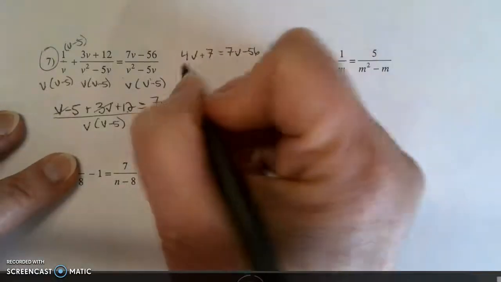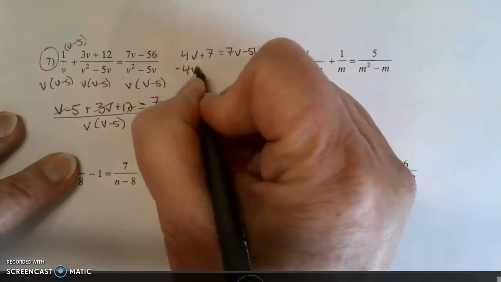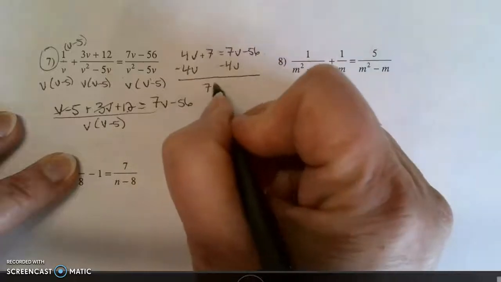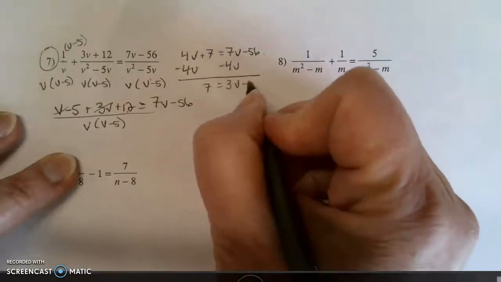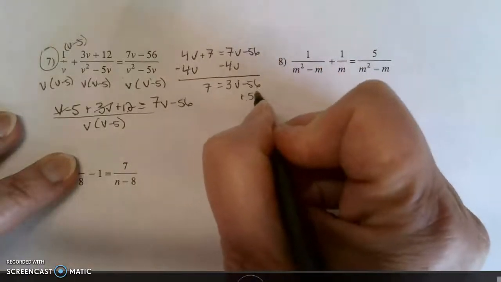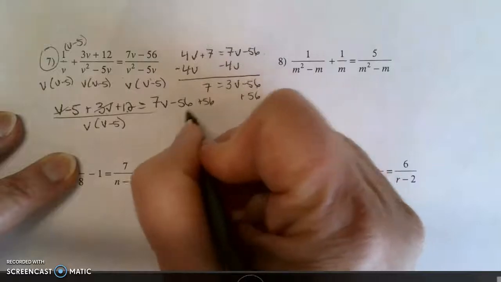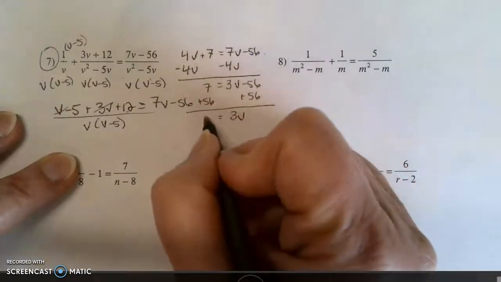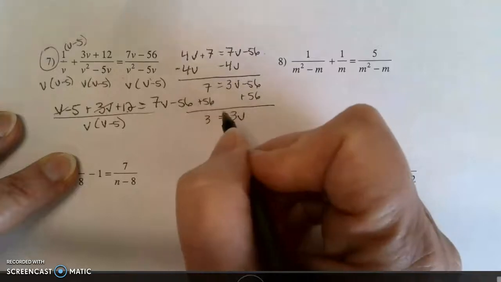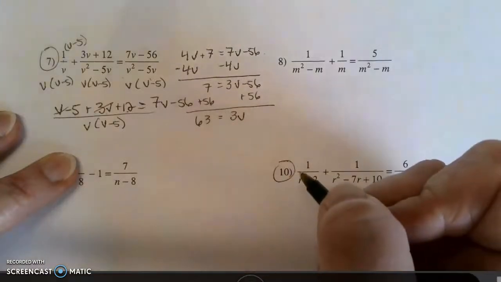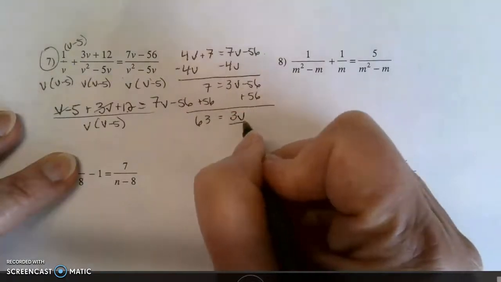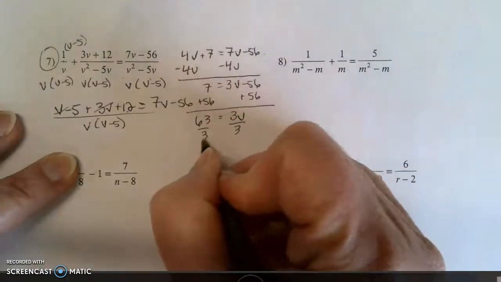So I'm going to subtract 4v and get my v's together. And then add my 56. Now I'm going to divide by 3.